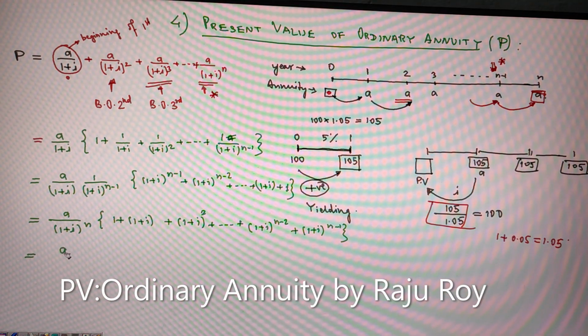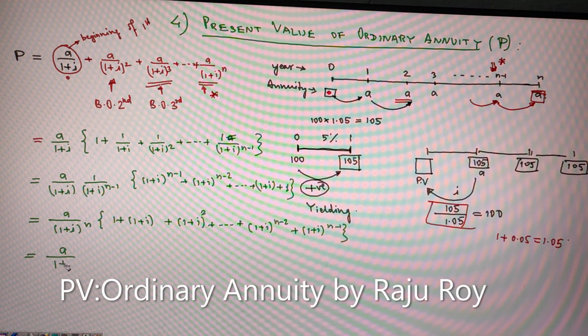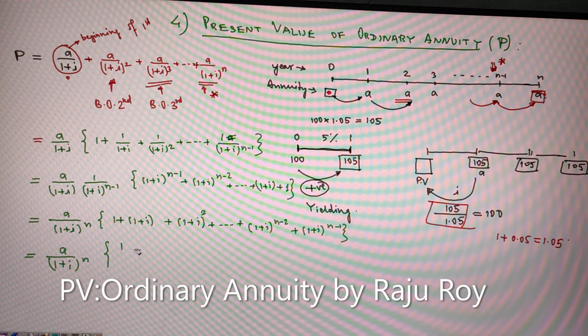Now this is again a GP, a geometric series actually. Now this is a geometric series, meaning the sum is A into R raised to the power n minus 1, divided by R minus 1, right?